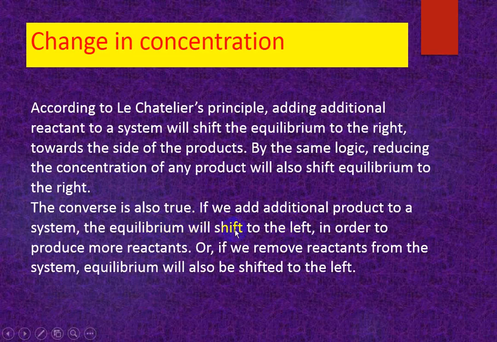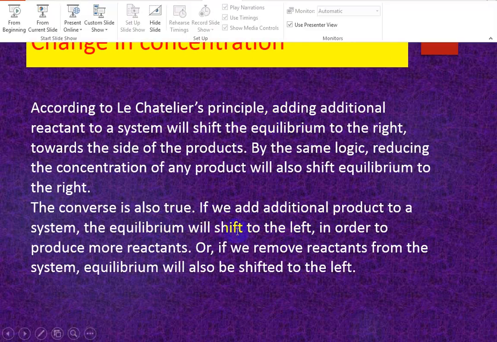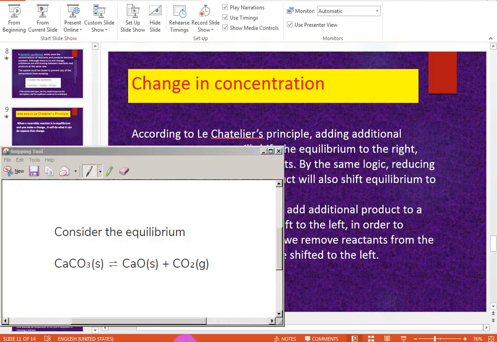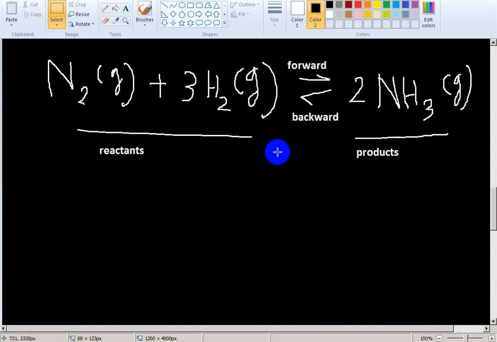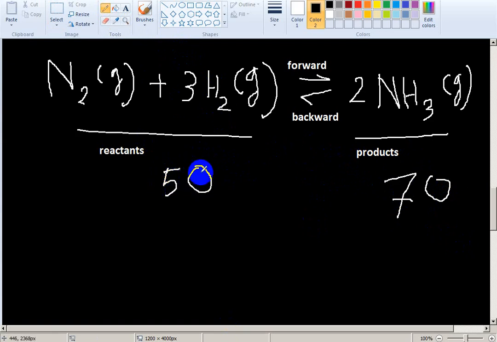Now the reverse: if you add additional product, which side will the reaction move towards? Like this is 50-50. If you add more product, so product is 70 and reactant is 50, what will be the direction of the reaction?